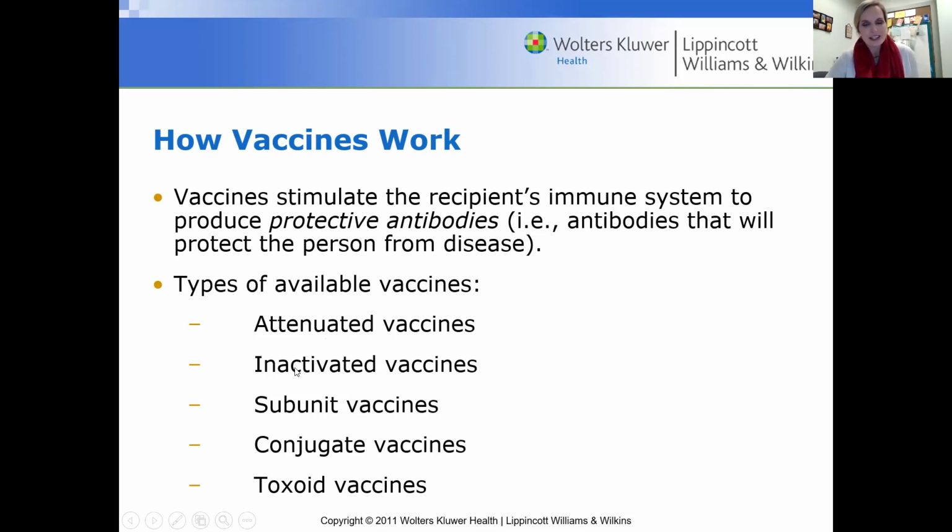Whereas an inactivated vaccine, you can tell just based on the name itself, is a killed off version of that pathogen. So upon injection of this vaccine, we are not going to get sick from it because it's not alive. It's not going to be able to spread. But it still shows us what it looks like so we can create antibodies for it.